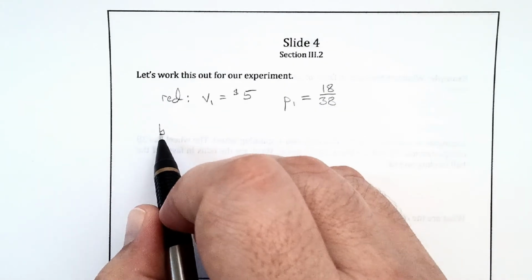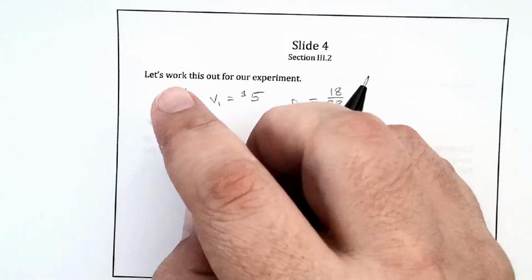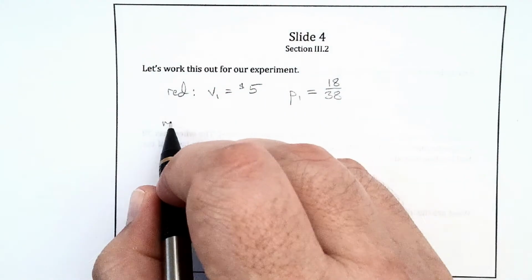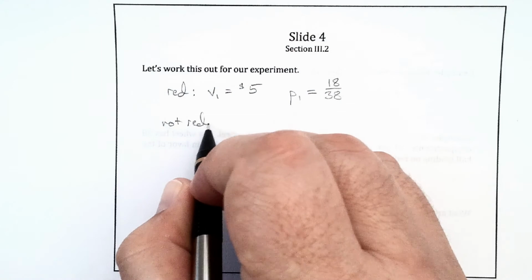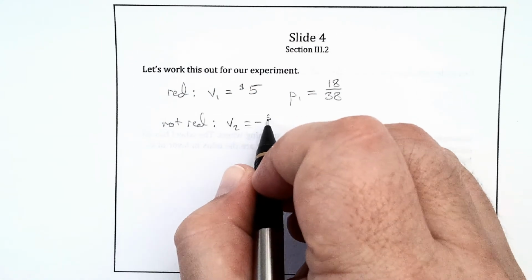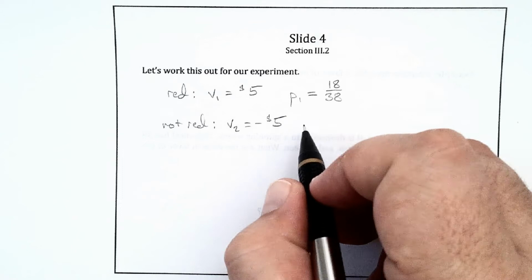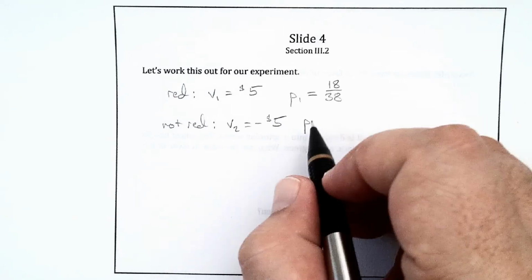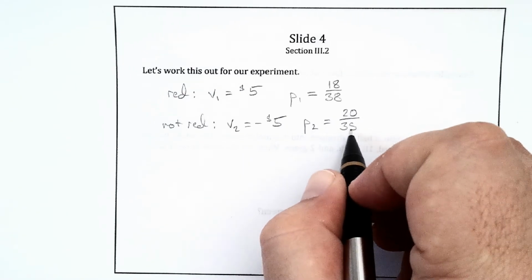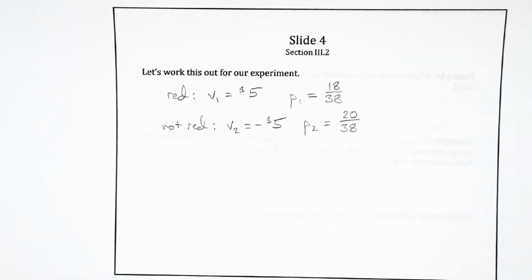Okay, black. Well, let's say not red. It's easier to lump the black and the green together. So not red. The value is that you're going to lose $5. And so it's -5. And the probability of that happening is 20 out of 38. Right, because there's the 18 red and the 18 black and the 2 green.